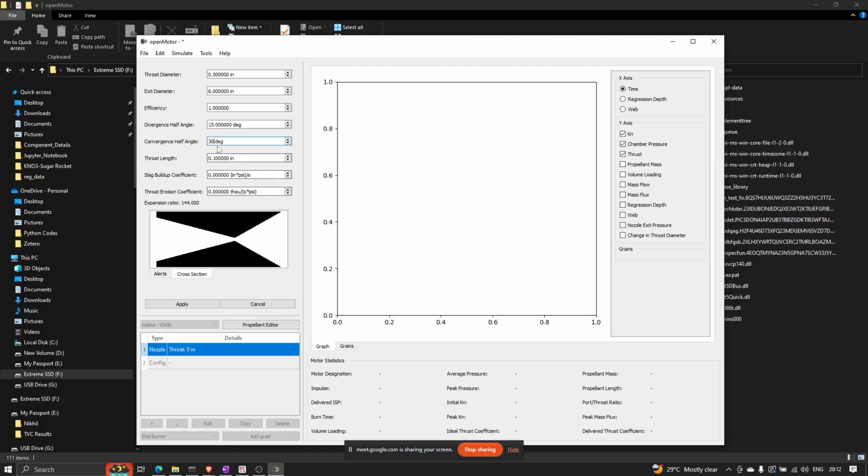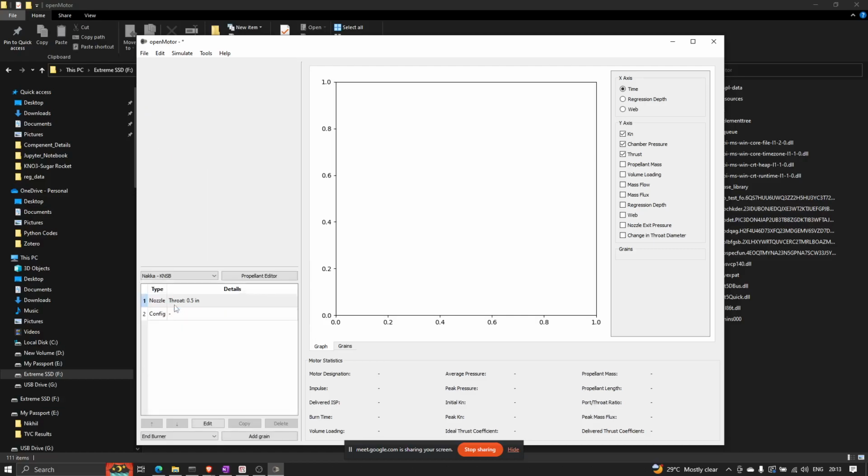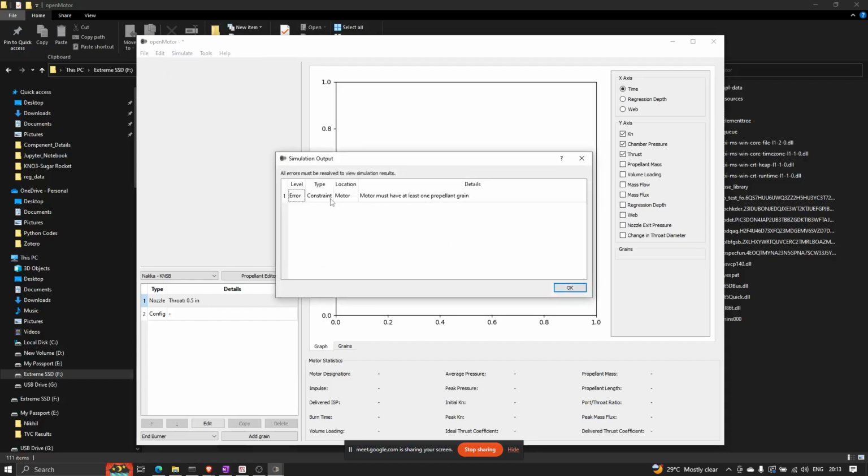This length of converging... this is the other way around, no? 30, and this looks like a convergent nozzle, no? Okay, apply. Then you have to run the motor; have at least one propellant grain.